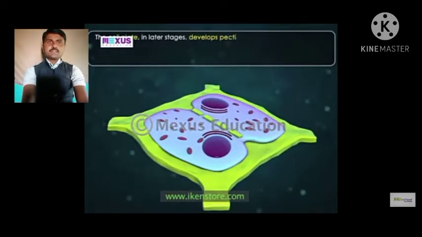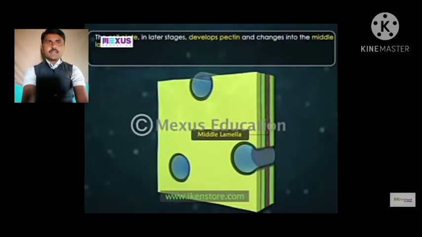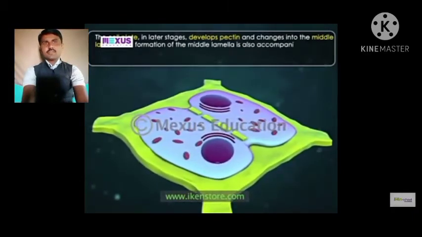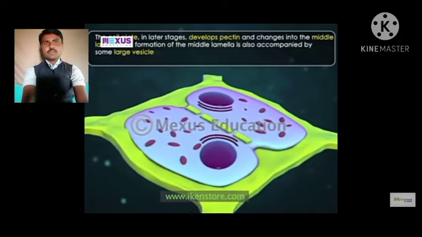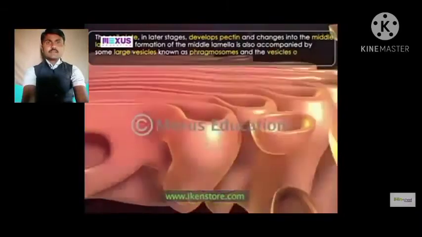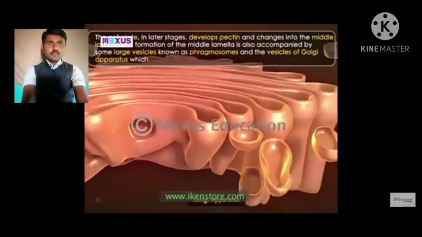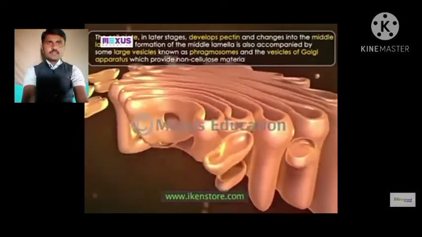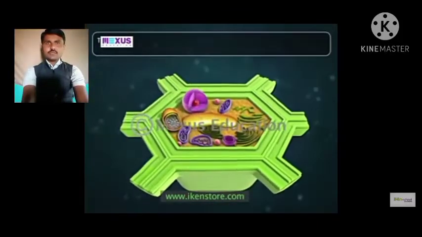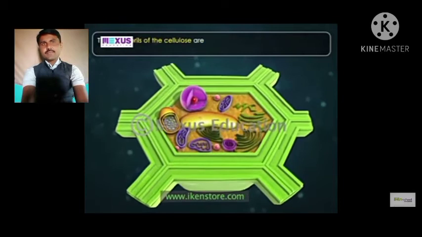In later stages, it develops pectin and changes into the middle lamella formation. The middle lamella is also accompanied by some large vesicles known as phragmosomes and the vesicles of the Golgi apparatus, which provide non-cellulose material.